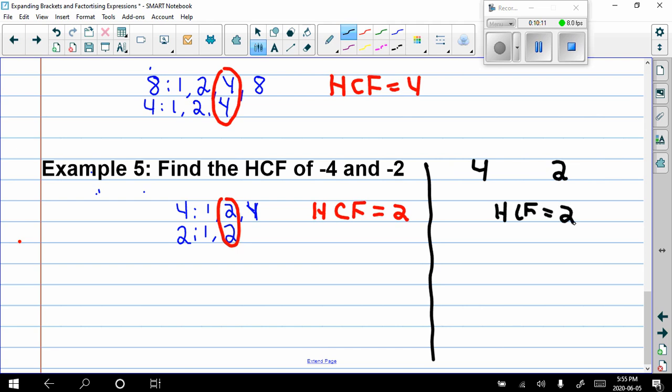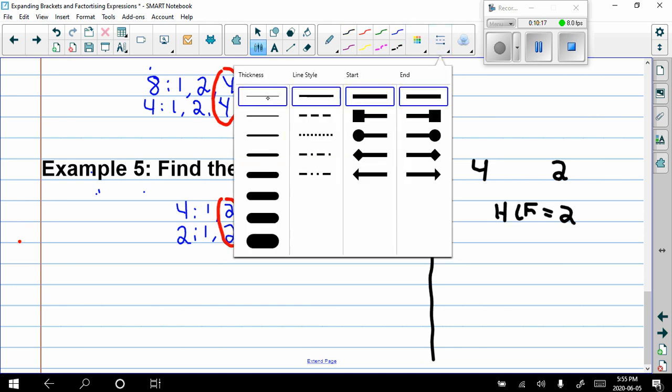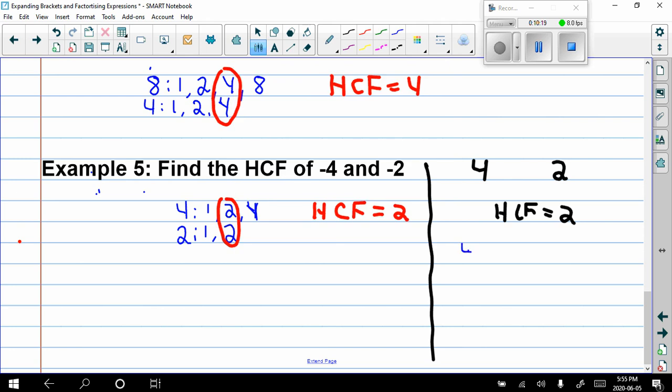So it's the biggest thing we can bring out of each and still be left with something. So what I mean is if we do 4 and we divide it by our highest common factor, we're going to get a positive 2. And here, if we do 2 divided by our highest common factor, we're just going to get positive 1.